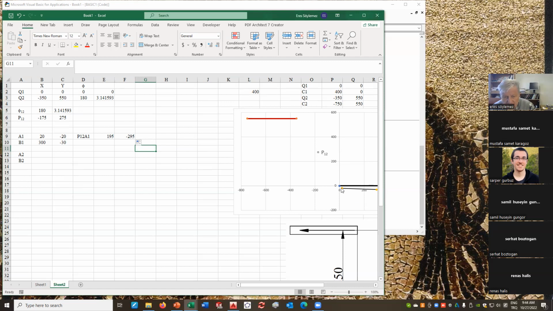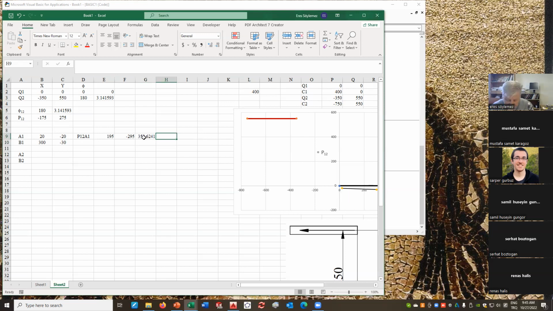The magnitude of this vector is equal to the square root of this value squared plus that value squared. I can use the mag function. That's the magnitude, the distance from P12 to A1.